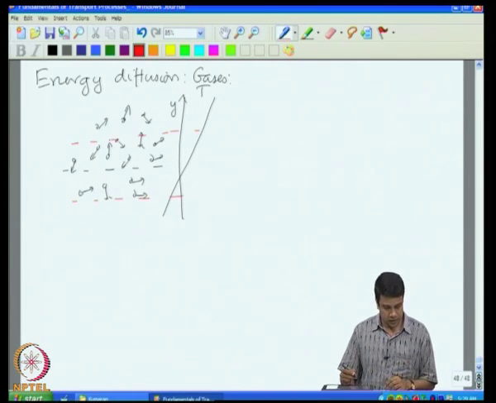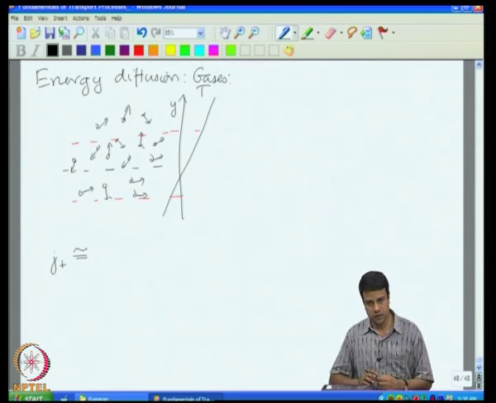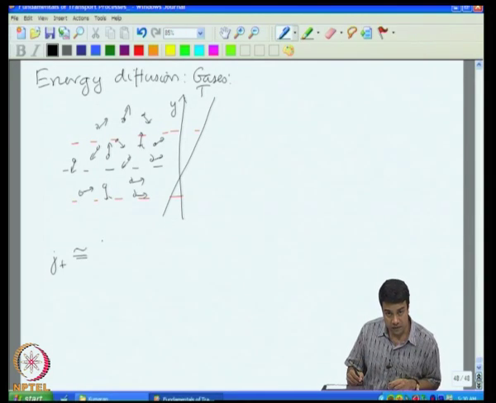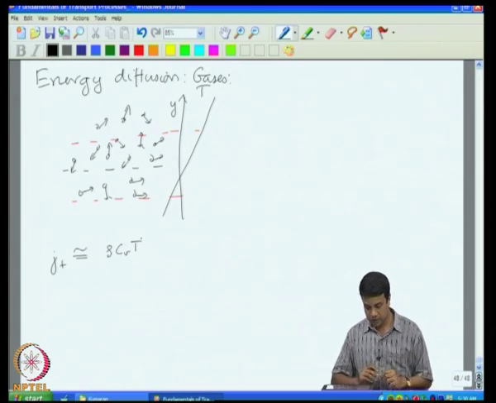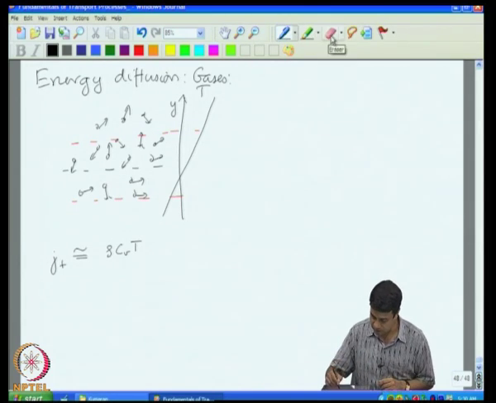So let us once again calculate the fluxes. The flux of energy going upwards from below the surface is going to be equal to the energy at a location below the surface. If we assume that the system is a gas at constant volume, then let us just work with the specific energy.